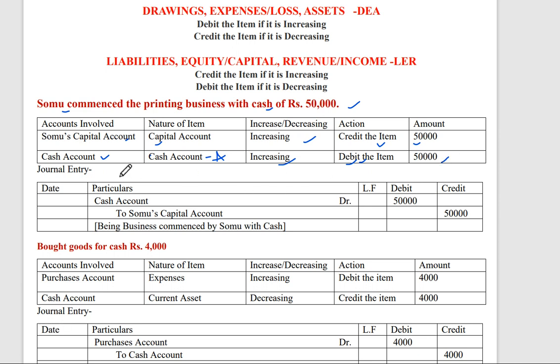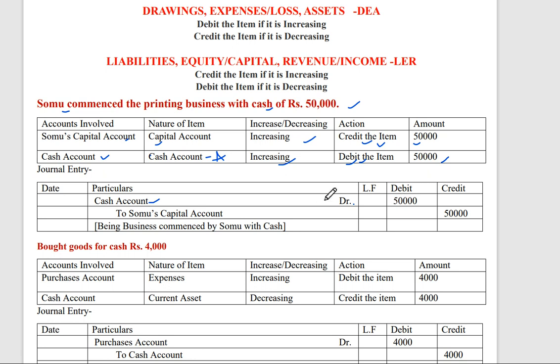So what is the journal entry for that? Which item do we need to debit? As per this, debit the cash. The cash account needs to be debited, and which account needs to be credited? Credit Somu's capital account. Cash account debit to Somu's capital account.